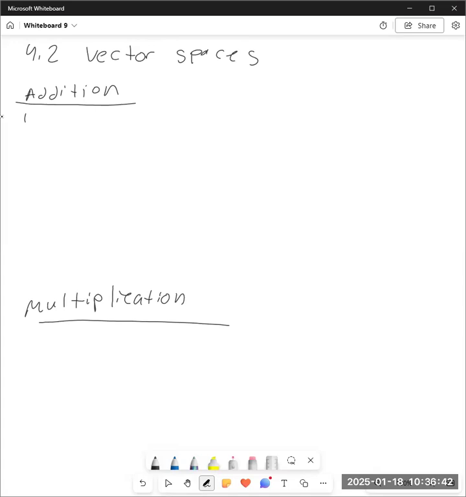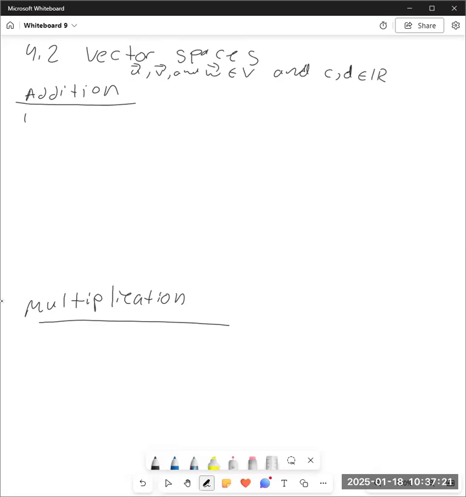So the first one, and these are vectors u, v, and w that I'm going to talk about, and these are all elements of some proposed vector space V, and constants C and D are going to be real number scalars we're going to talk about.